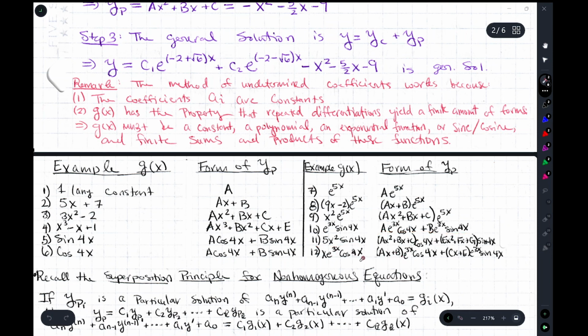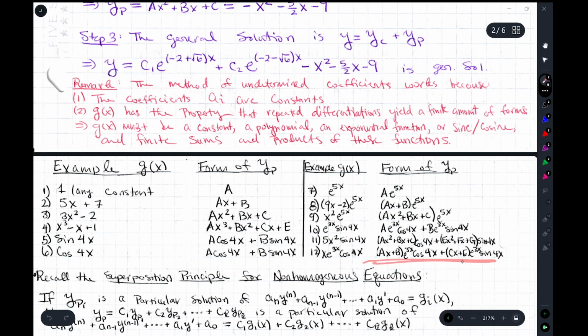A polynomial times a sine. Here, be careful. You'll have a polynomial multiplying the cosine term, and you'll have a polynomial of the same order, since the maximum here is x squared, so we'll include another term multiplying the sine 4x. And notice here is sine 4x, we have a cosine 4x. What about a polynomial times an exponential times a cosine or sine?